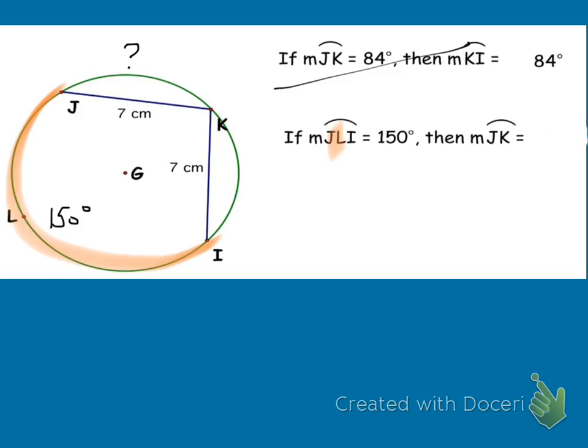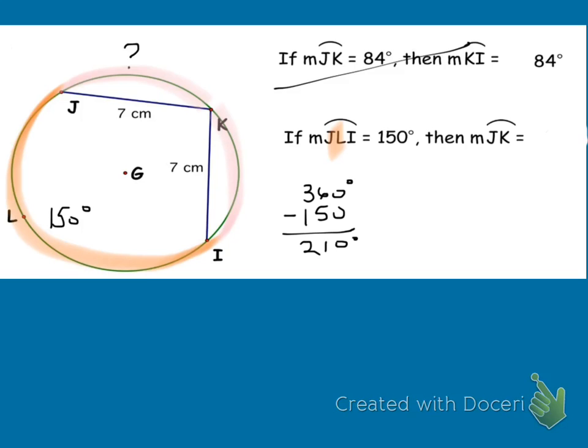Okay, well, it's very simple to figure out. All you'd have to do is take 360 degrees, which is your total arc, right? Total circle, minus 150. Okay? That leaves you with 210 degrees. Well, that's 210 degrees that are supposed to be left between two remaining arcs, this arc here and this arc here.